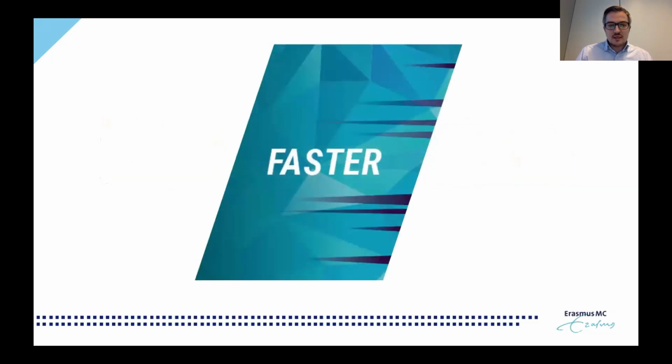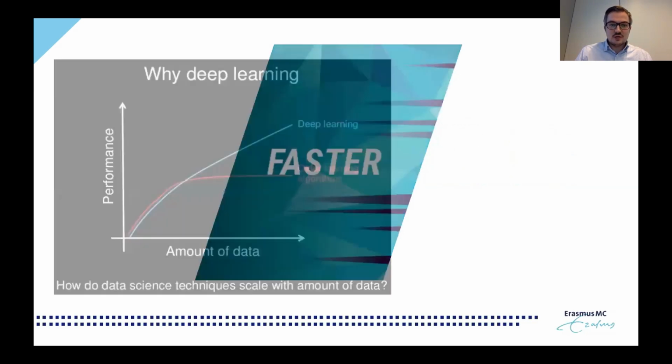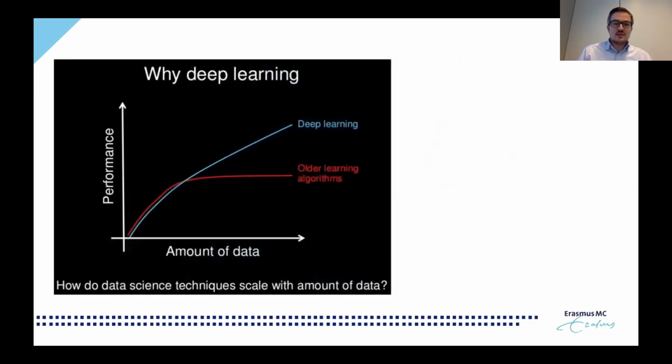But coming to the topic of this talk, so why faster? And why deep learning? It's quite a simple explanation, because we all know that, especially with omics data, we have more and more data available every year, and we need better and better algorithms to analyze this.